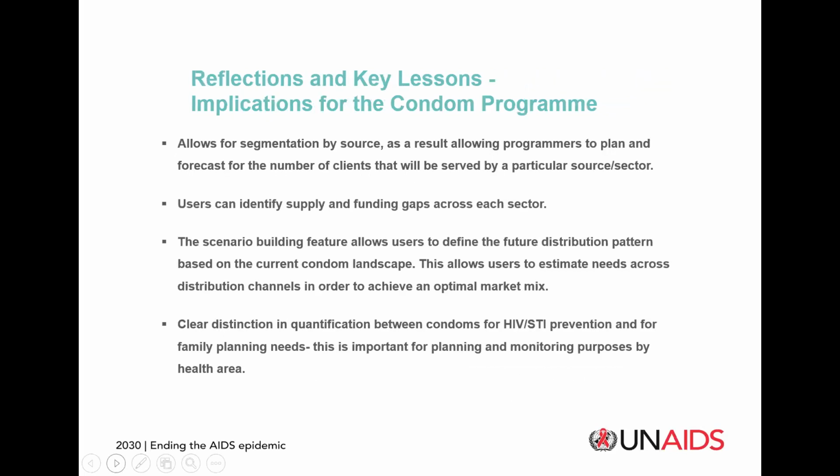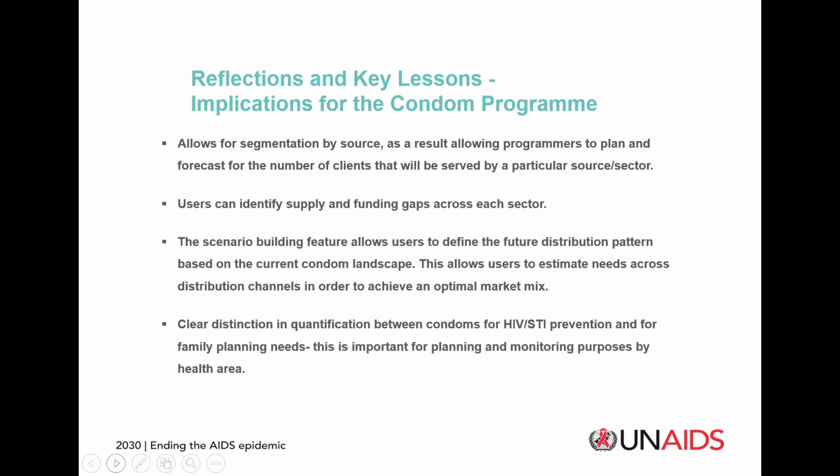Yeah, so a few lessons learned. What we saw is that the tool allows for segmentation by source, meaning the source of condom. So it tells you what you are getting from public sector, private sector, social marketing, etc. And therefore allows programmers to plan and forecast for the number of clients that will be served by a particular source or sector.